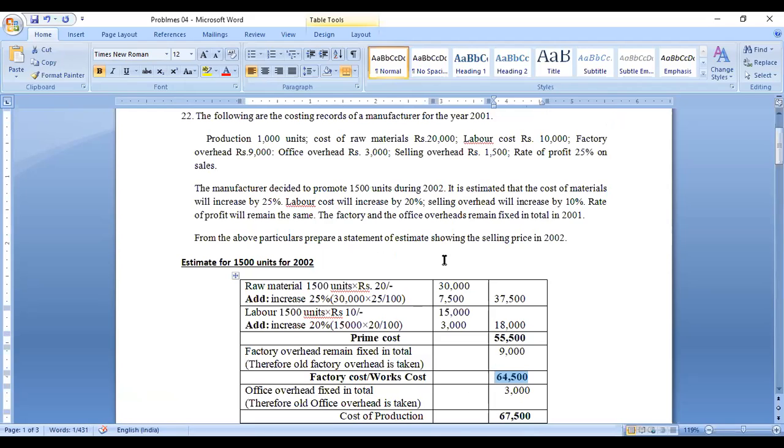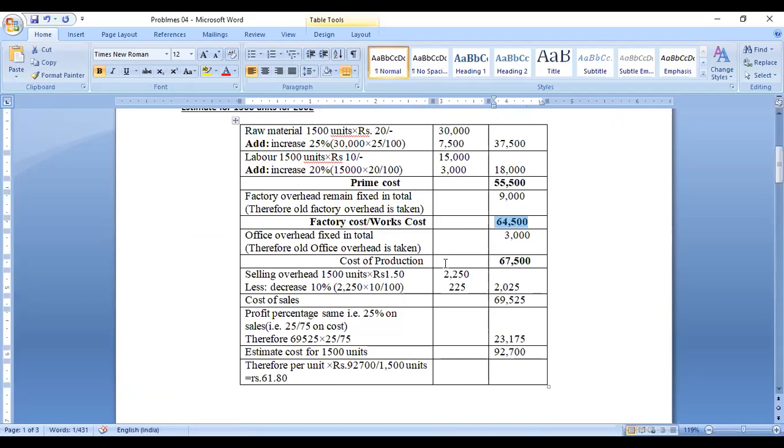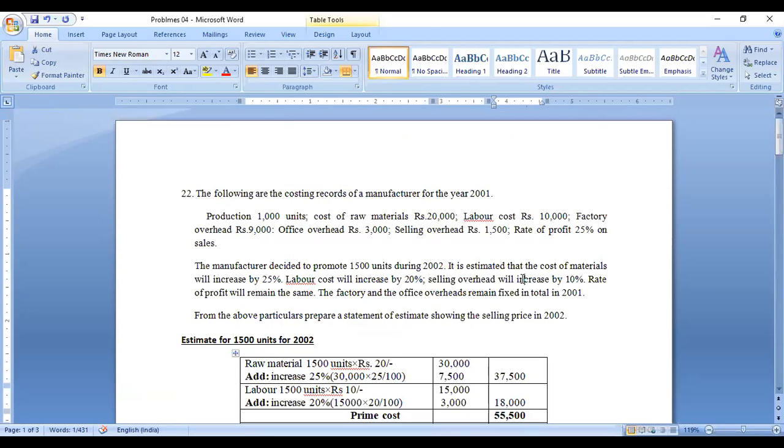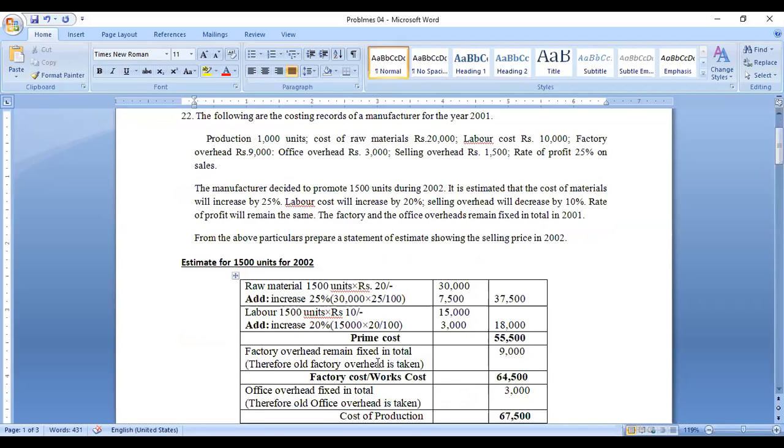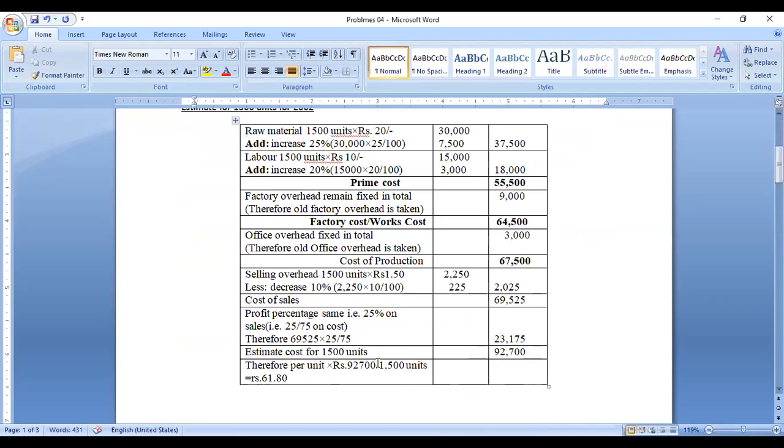Selling and distribution overhead, this is 10%. It is a decrease. This question is given by mistake as an increase. Selling overhead will decrease by 10 percent. So here these two prices increase and the selling overhead is decreased by 10 percent. Now we can calculate the selling price. 1,500 units you have produced. Per unit cost you have to take from here.